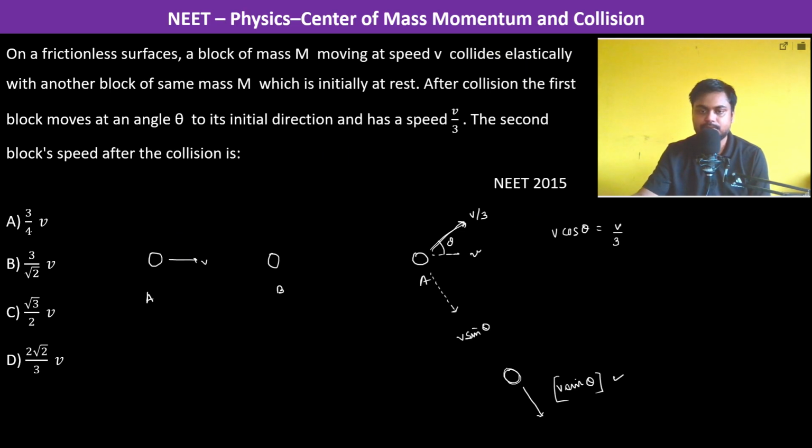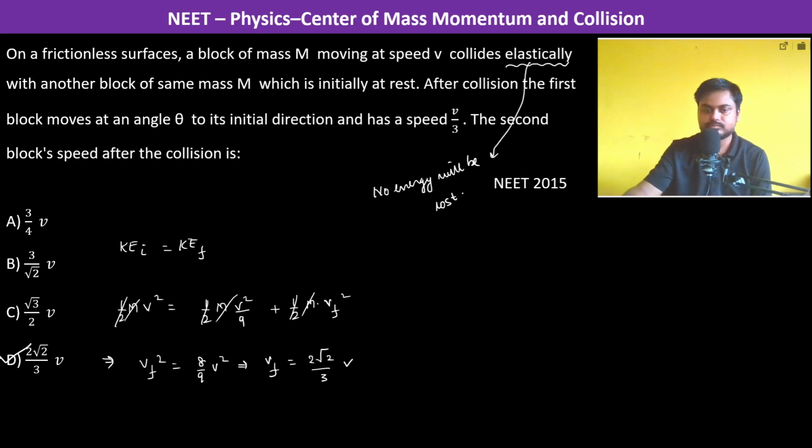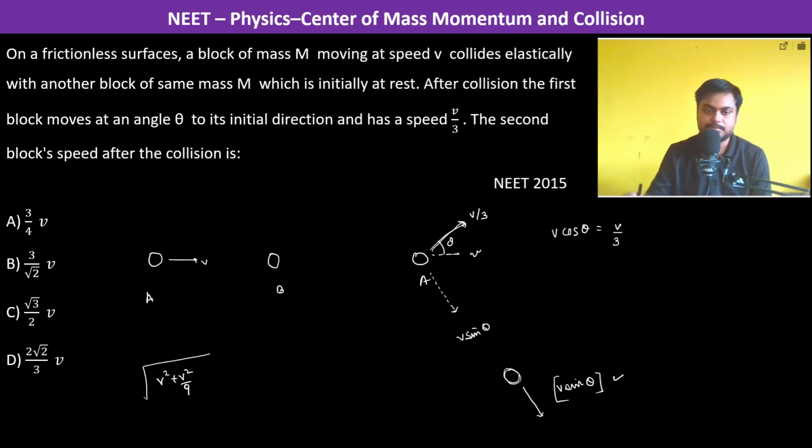So this was root over V square plus V square by 9 minus 2V square by 3 cos theta, and cos theta is 1 by 3, so 2 by 9.